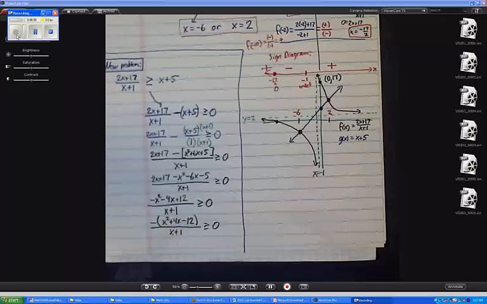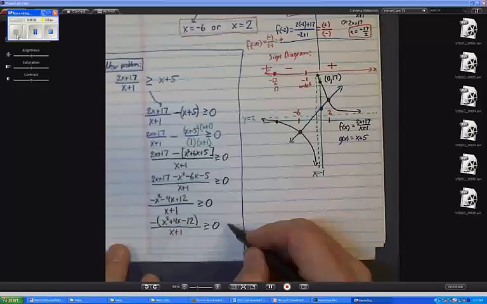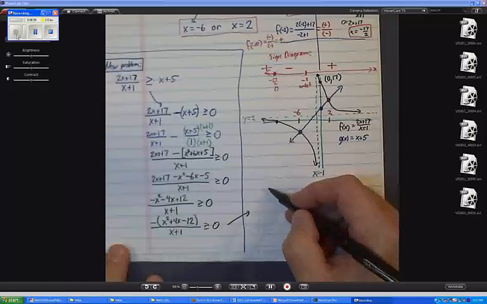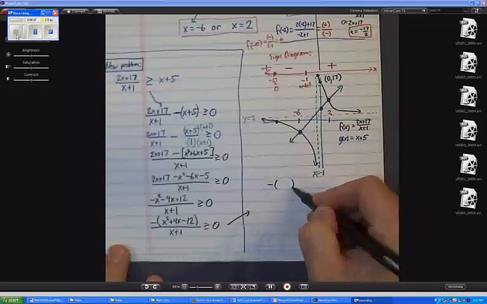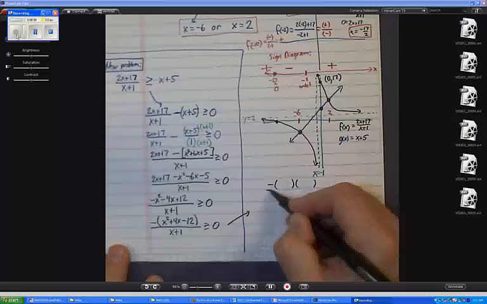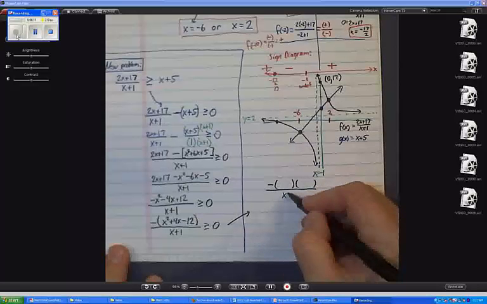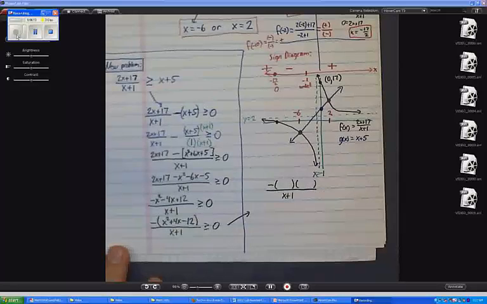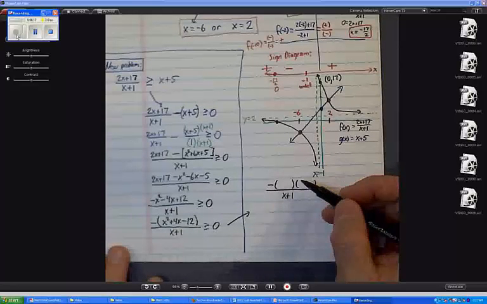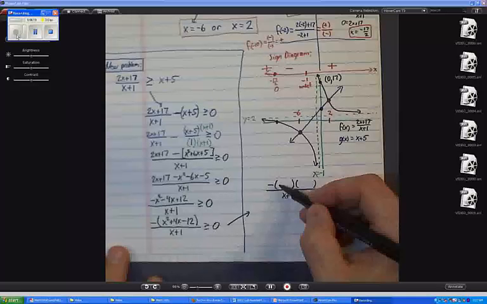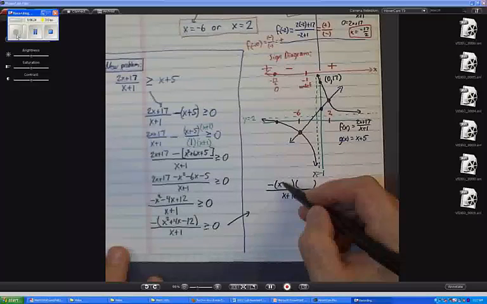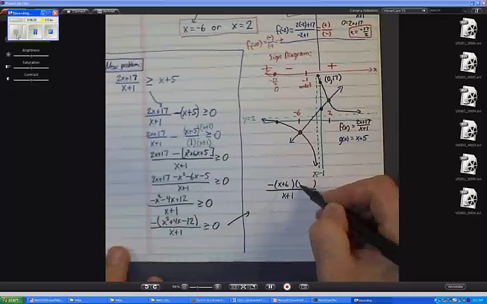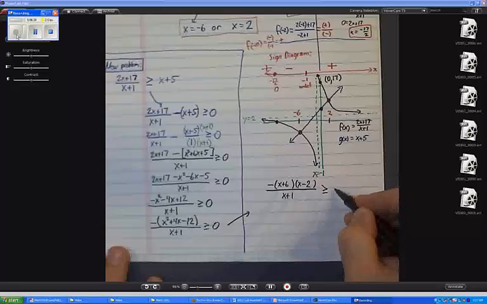So let me move over here and kind of show you where I'm at right now. I'm at this step. I have negative and a couple of factors over x plus 1. And so let's see. Negative, what do I have? X, we did this before, what is it? X plus 6 and x minus 2. And now the question is, when is this bigger than or equal to 0?